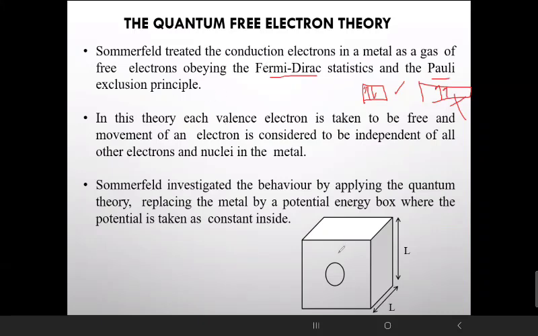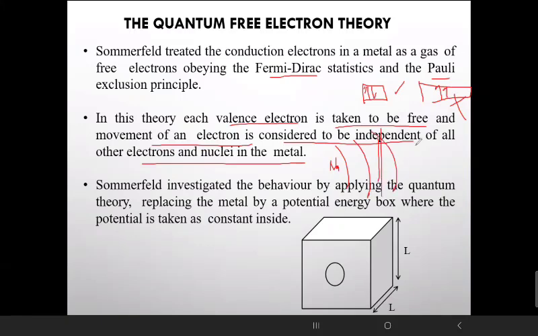So here, the electrons are freely moving inside this box. In this theory, each valence electron is taken to be free and the movement of an electron is considered to be independent of all other electrons and nuclei. Which is the valence electron? For example, if you have a sodium atom, it contains electrons in each shell.